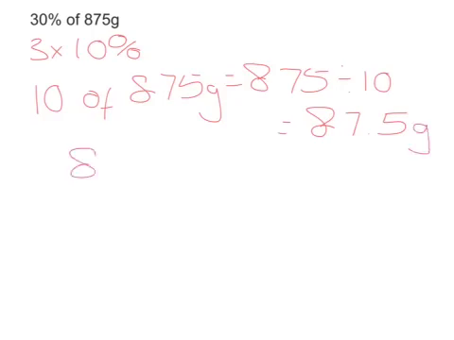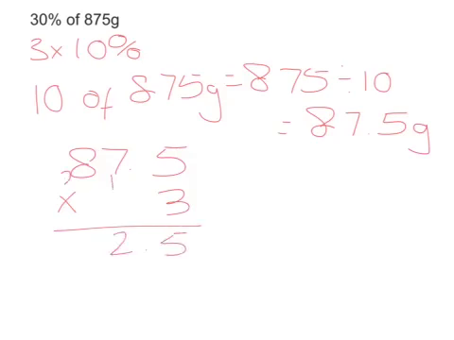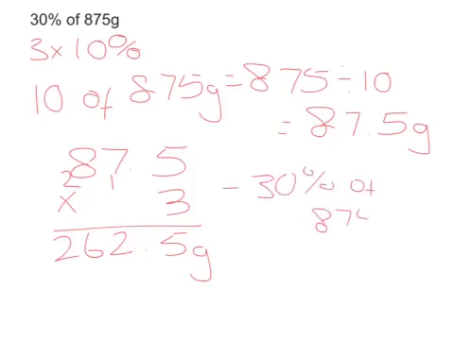So then 87.5 times 3 is 262.5 grams, and that is 30% of 875 grams.